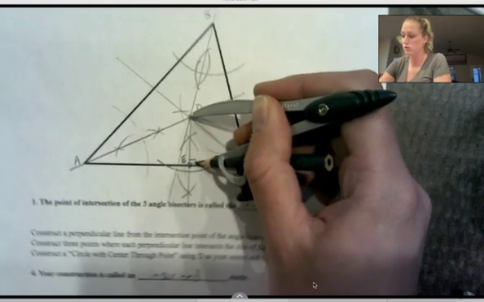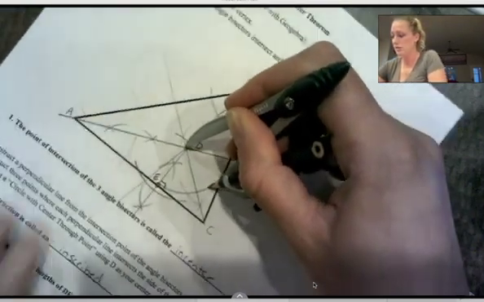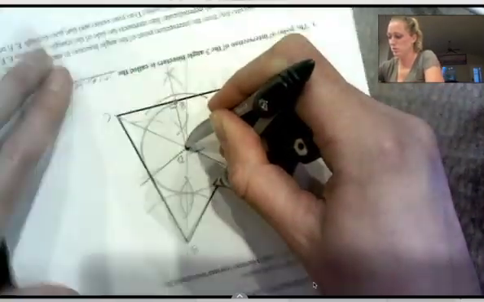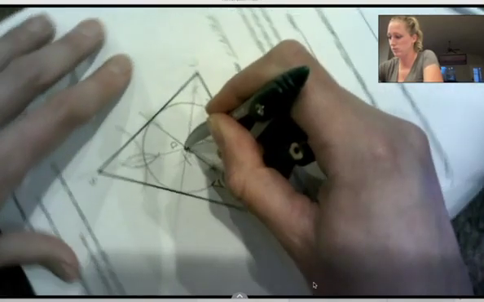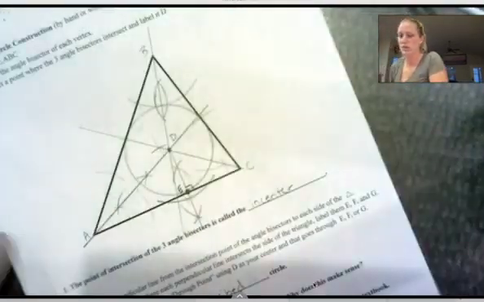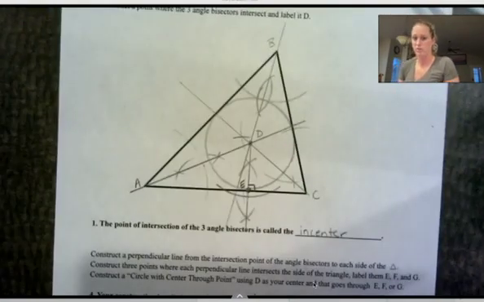I'm going to keep that distance and turn the page so that I don't adjust my compass by accident, and create our inscribed circle.